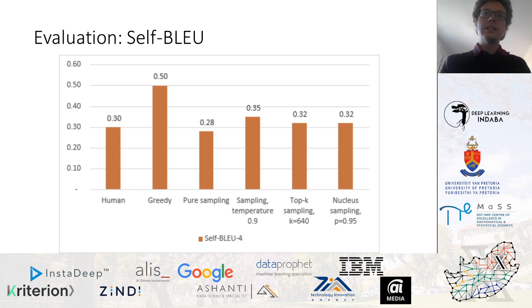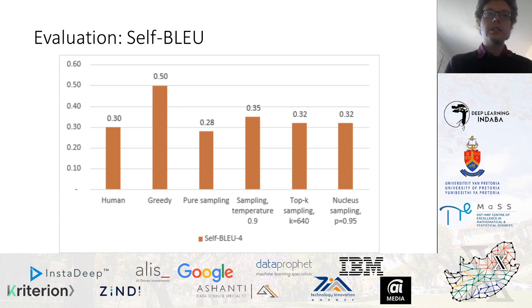Next we measure the diversity of generated text. Self-BLEU is a measure of how much overlap there is in the vocabulary usage between different outputs of the same model. A low Self-BLEU score indicates more diversity.